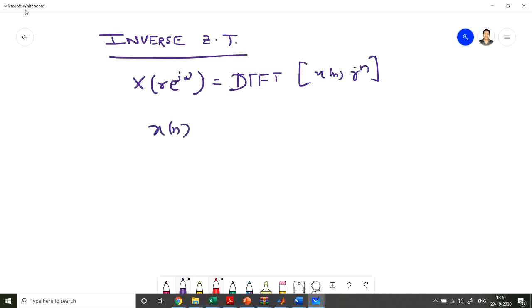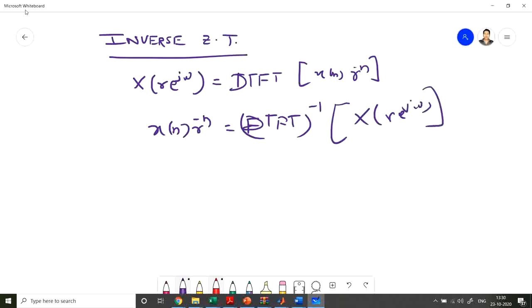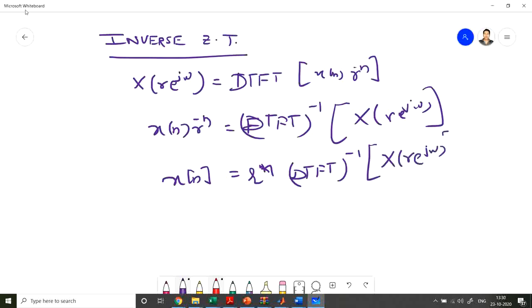Now x[n] r raised to the power minus n is nothing but the inverse DTFT of X(re^{j omega}). So x[n] is r raised to the power n multiplied by the inverse DTFT of X(re^{j omega}).